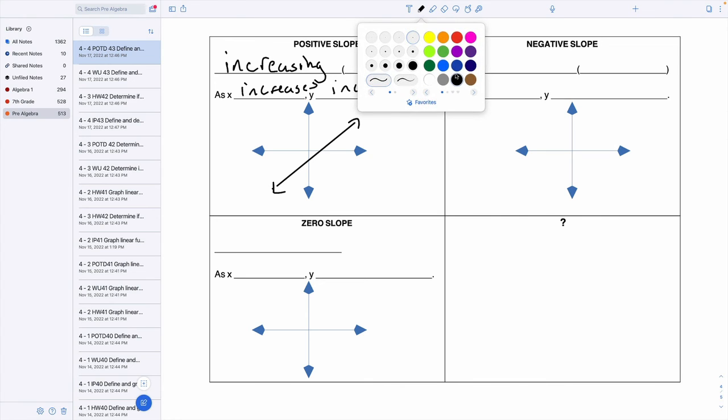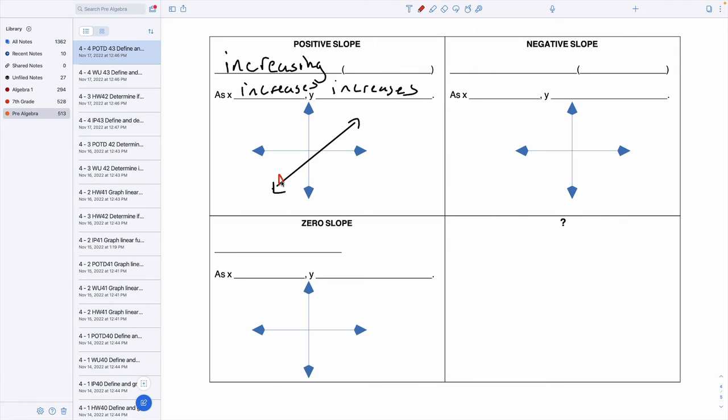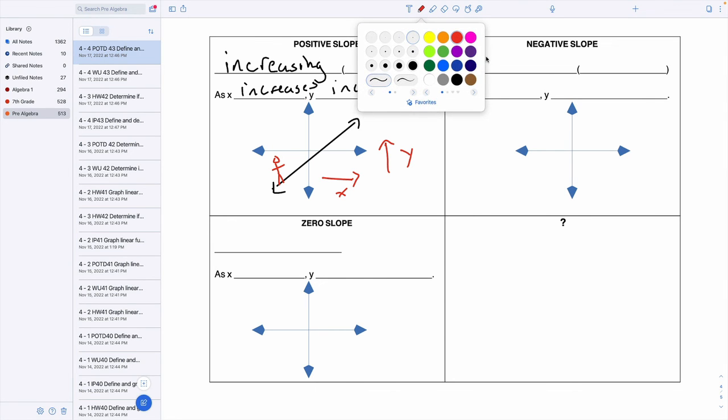Here's your little man on the line. He is walking left to right, and he is increasing. As you go this direction for x, the line is increasing for y. X increases and y increases. I'll leave the parentheses blank for now.